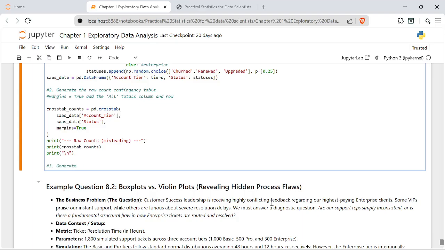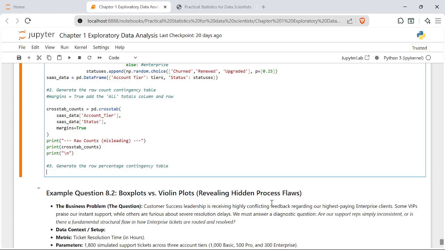Generate the row percentage contingency table.